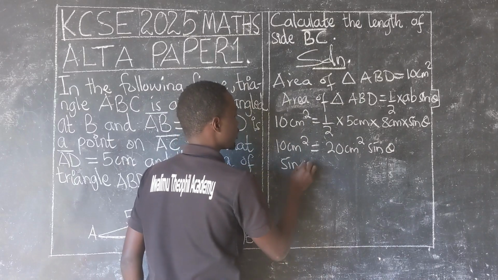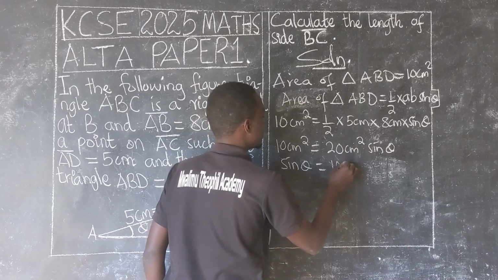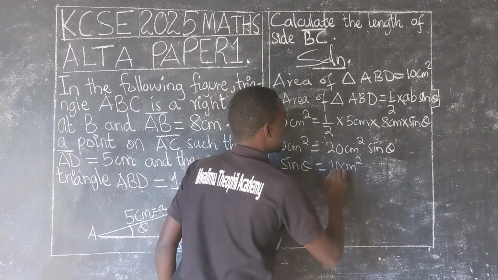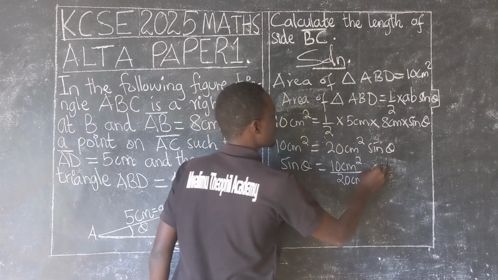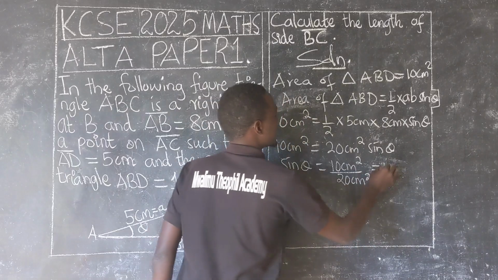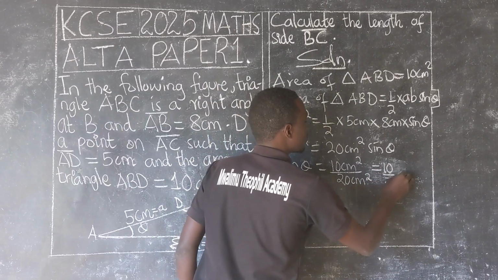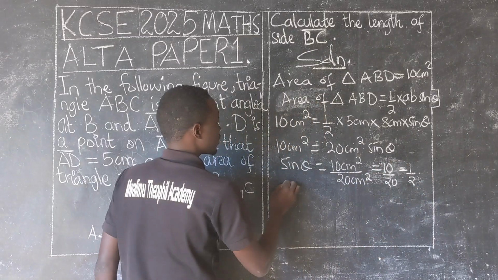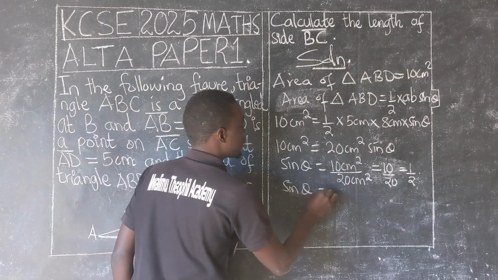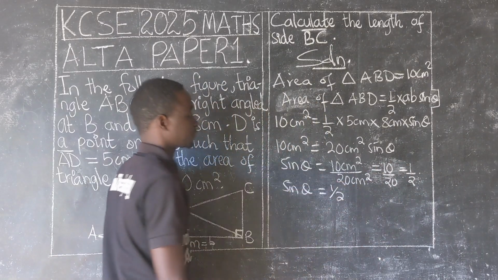Then sine of angle theta will be equal to 10 cm square divided by 20 cm square, which is 10 divided by 20, equal to a half.